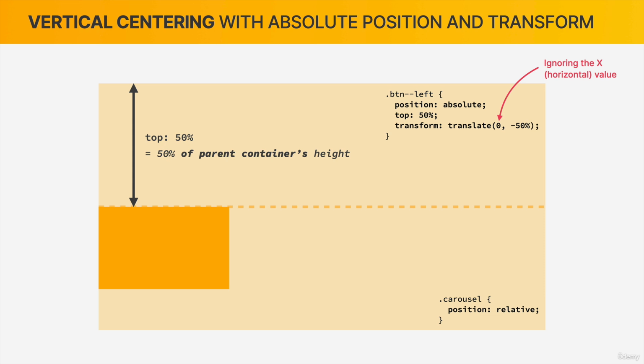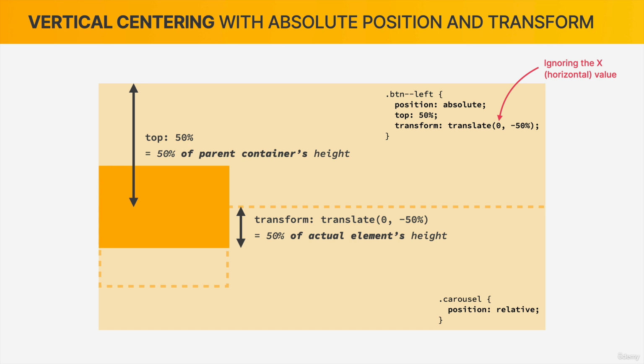Here we can specify the x value, which is basically horizontally, and the y value, which is the second one, and so that is vertically. And in this example, I set that to minus 50%. And why minus 50? Well, because that will basically move the element exactly 50% of its height back to the top.